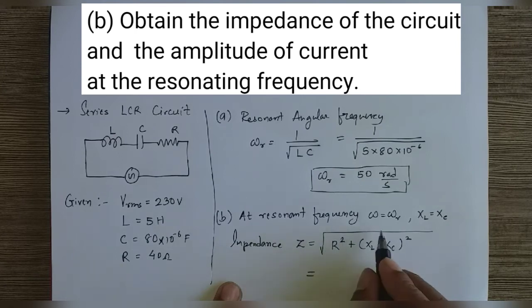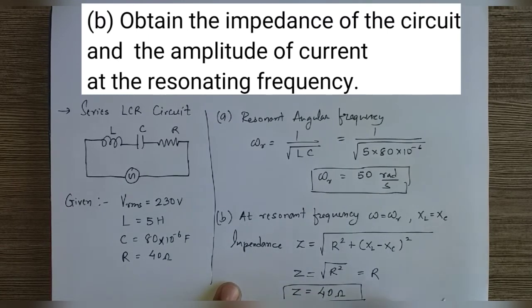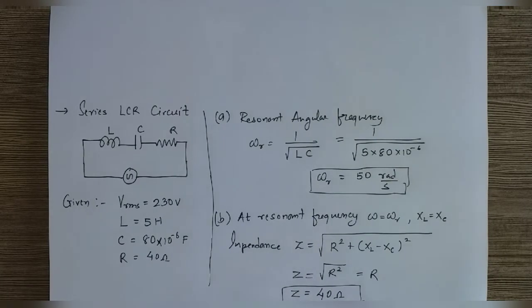So inside the root you have R square, and square and root cancel. So the term is only R. Here Z is equal to R. The value of R is 40, so the value of Z is 40 ohm only. This is the impedance. Now we also have to find the amplitude of current.